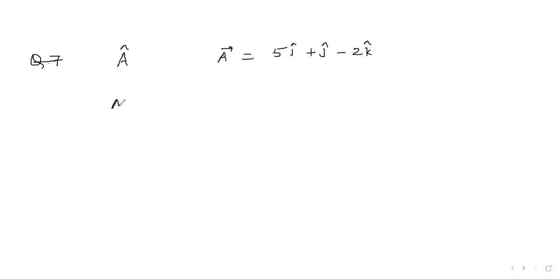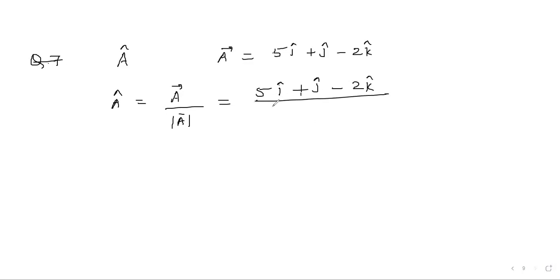We know that A cap is equal to the given vector divided by its modulus. So the given vector is 5I cap plus J cap minus 2K cap divided by its modulus. The modulus will be 25 plus 1 plus 4. So our answer will be 5I cap plus J cap minus 2K cap divided by root 30.